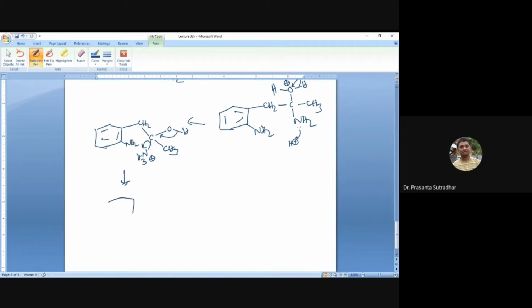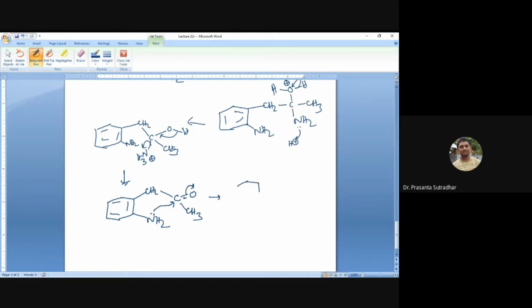Then we are getting CH2, C double bond O, CH3, that is NH2. Now this lone pair will attack here, and it will go.